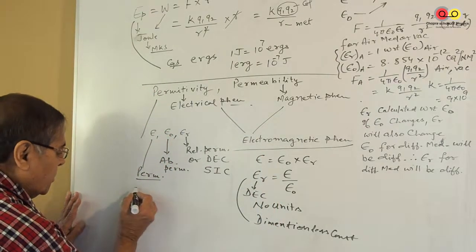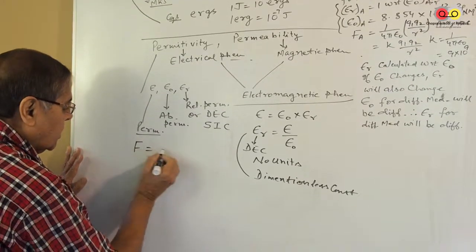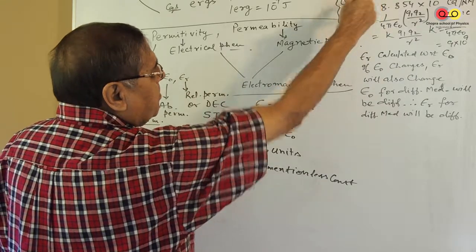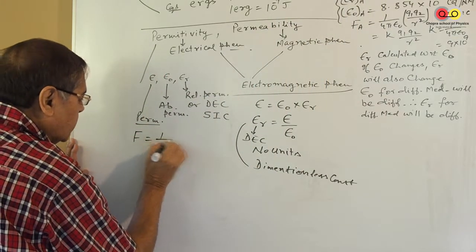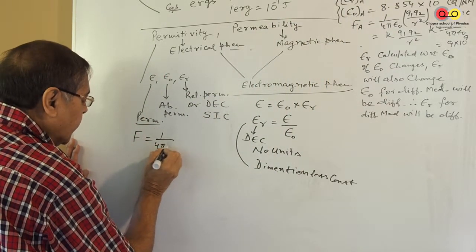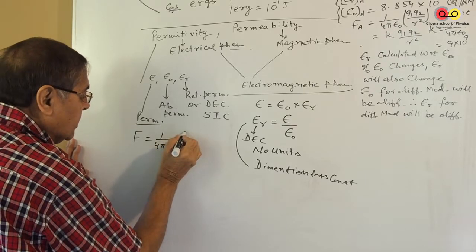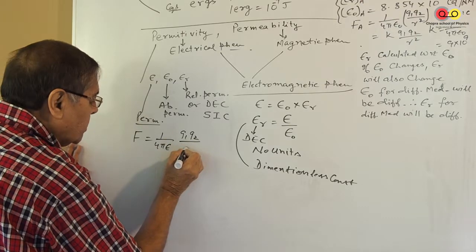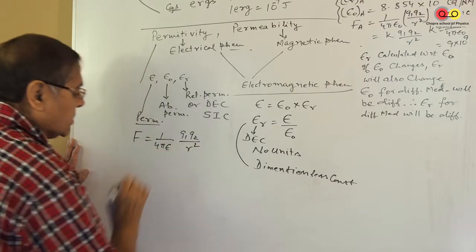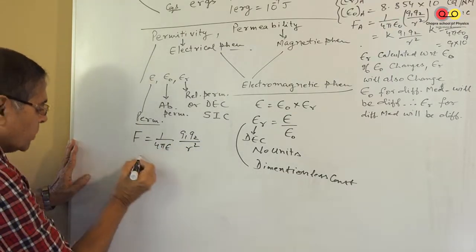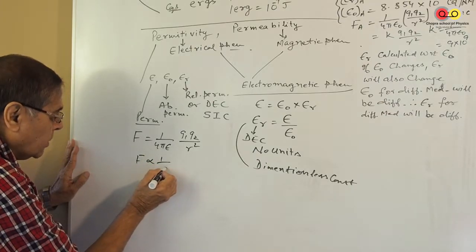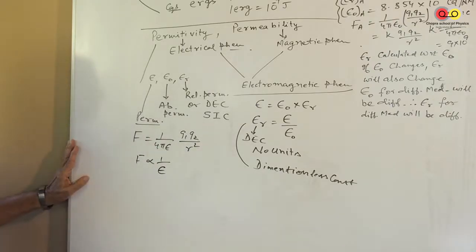The general formula of electrical force is 1 over 4 pi epsilon Q1 Q2 divided by r square. Force is inversely proportional to epsilon.